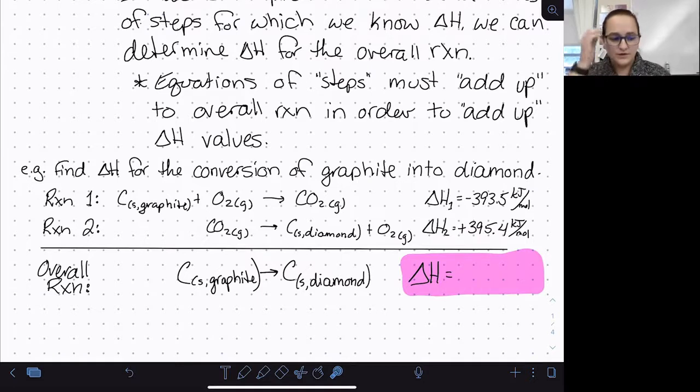So essentially what we're looking for is reaction 1 plus reaction 2 needs to equal the overall reaction in order for delta H1 plus delta H2 to equal the overall delta H.